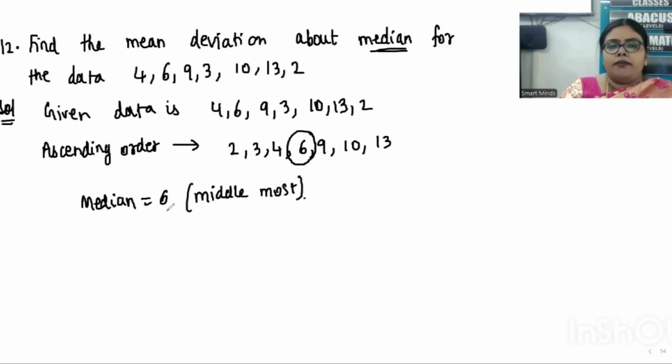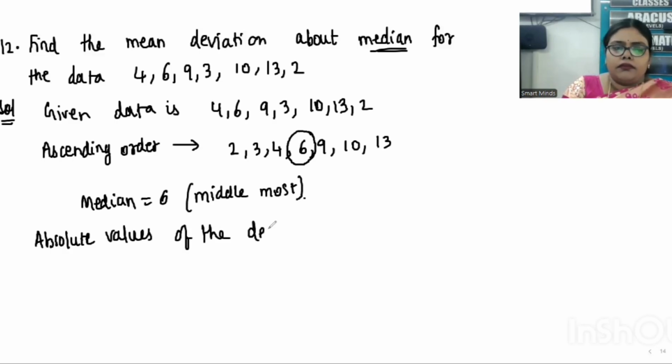Now after getting median, we have to find absolute values again. Absolute values of the deviations. How do you get this? From each observation, you subtract 6.